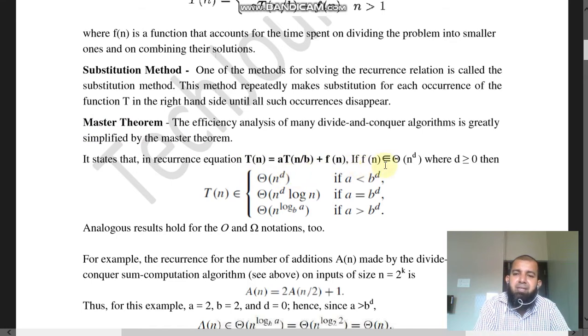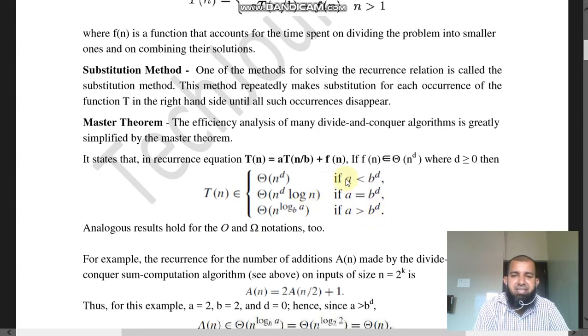If f(n) belongs to theta of n^d, where d is greater than or equal to 0, then T(n) belongs to theta of n^d if a is less than b^d. T(n) belongs to theta of n^d log n if a equals b^d. T(n) belongs to theta of n^(log a base b) if a is greater than b^d.